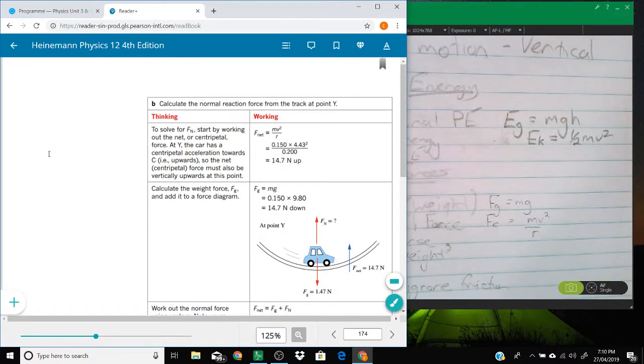Okay. And continuing with the problem, now we need to consider the normal reaction force at point Y. So this is very similar to the example that we went through before. And actually in this case, they've gone straight to work out the net force, which is the centripetal force. So net force centripetal. Because basically, you know, the gravity and the normal force are cancelling out because it's not falling through the track, nor is it flying upwards.